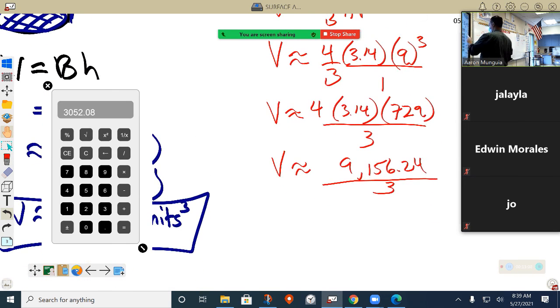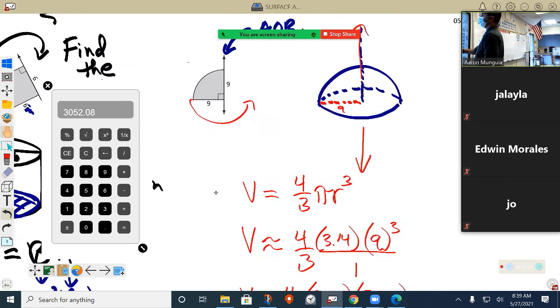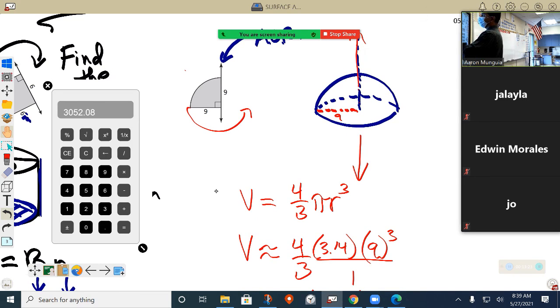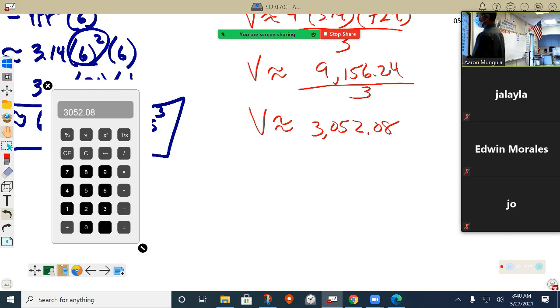So the volume then, if the whole sphere was there, the volume would be 3,052.08 cubic units. But the whole sphere is not there. I'm dealing with half a sphere, right? This is only half a sphere up here. So I'm going to take this volume, which is assuming the whole sphere is there, and I'm going to divide that puppy by 2.